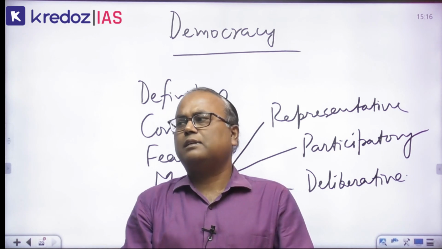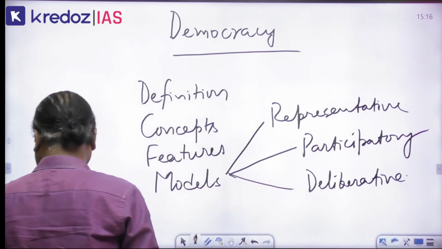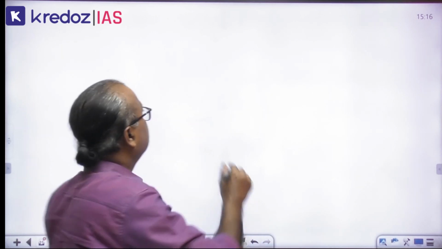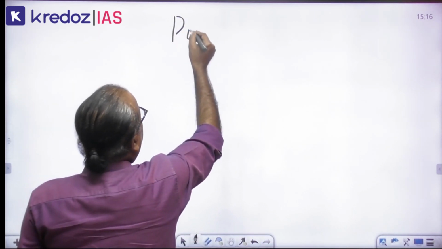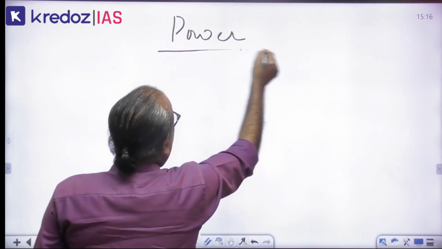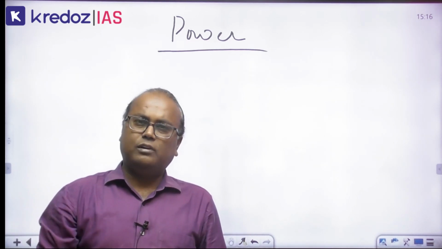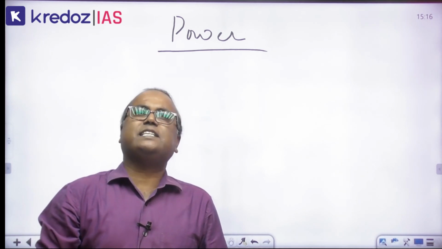Now comes another section, although very vital for the PSIR, not so vital for the polity GS paper second, and the chapter name is power. It requires a lot of conceptual clarity. So at first we will go for the basic concepts.